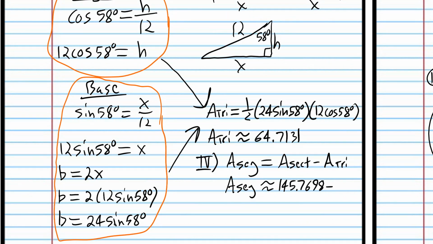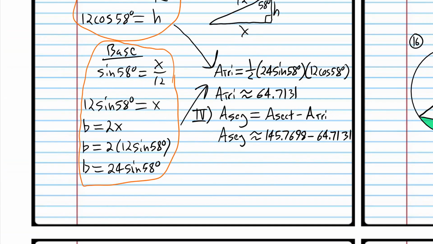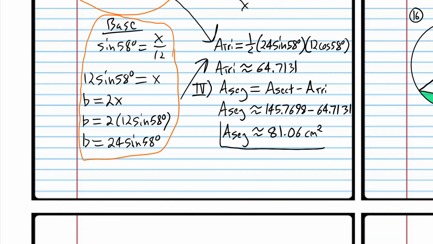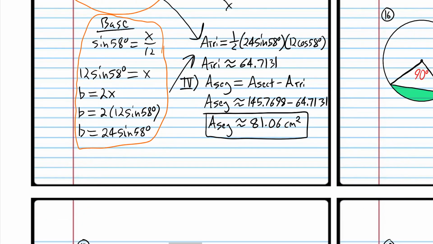We're going to subtract 64.7131. So you can keep that 64 in your calculator, minus 145.7698, equals. So the area of the segment is approximately 81.06 square centimeters. So if you got that answer, good job.